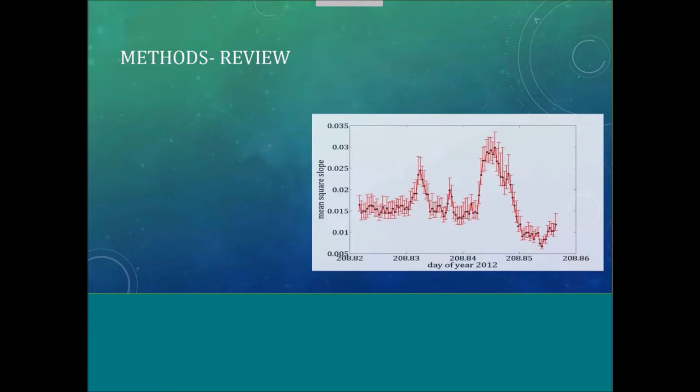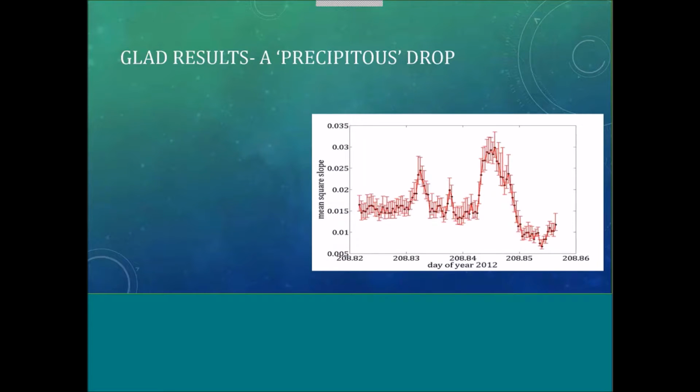So as an example, the kind of information you can get out of this shows, from the GLAD experiment, some of this. If you integrate that field, you get a mean square slope over the ocean. Okay, what's actually happening? This shows, during one short set of that field experiment, what happened to the mean square slope. So what happened at the end of this when it dropped off like that?